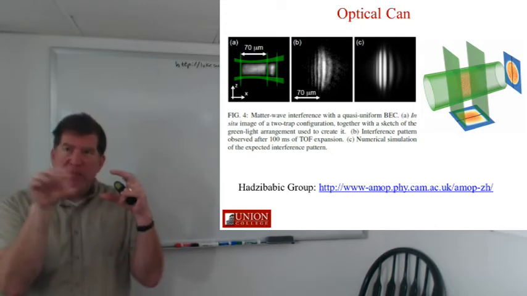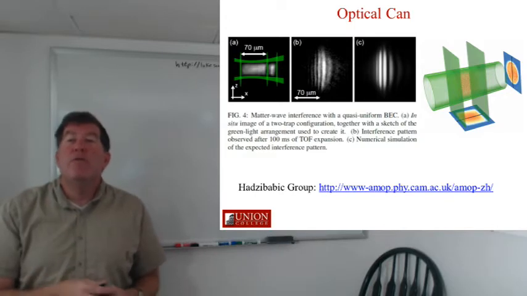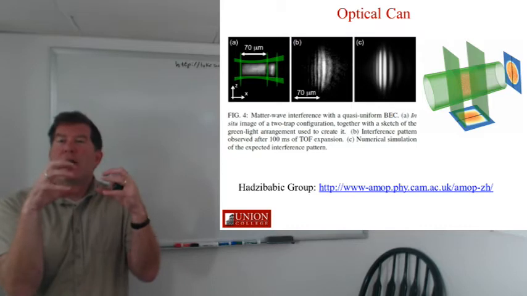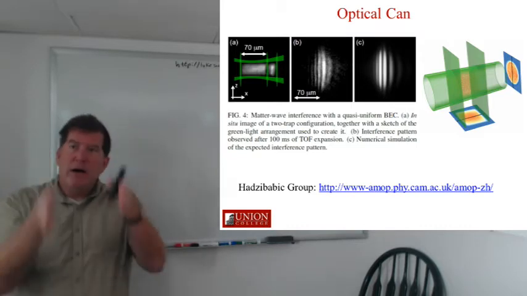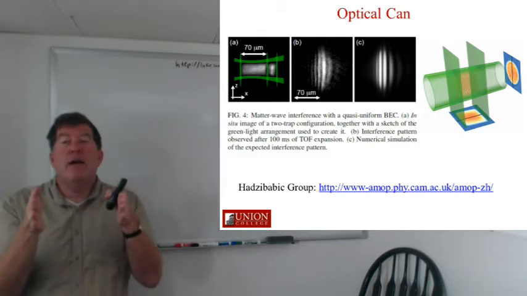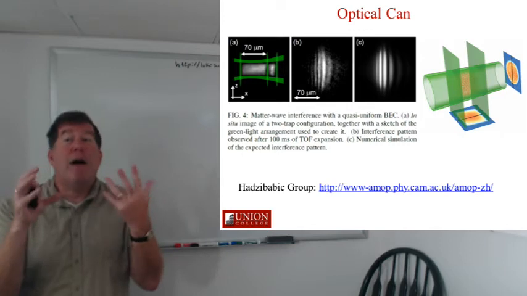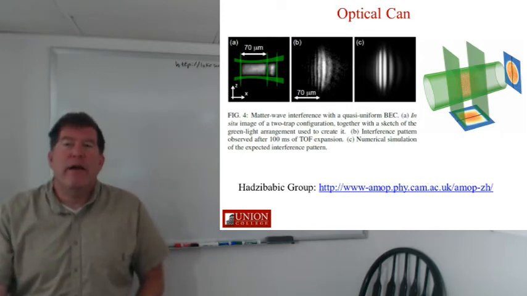They make a beam that's dark in the center and tune that laser to the blue of resonance, so it pushes the atoms away. And you make essentially like a soda can for atoms. You have a hollow tube that's round, and you have a couple of sheets of light on either side to cap it off. And you can make sort of a box for atoms that just holds them, and that's a nice thing.